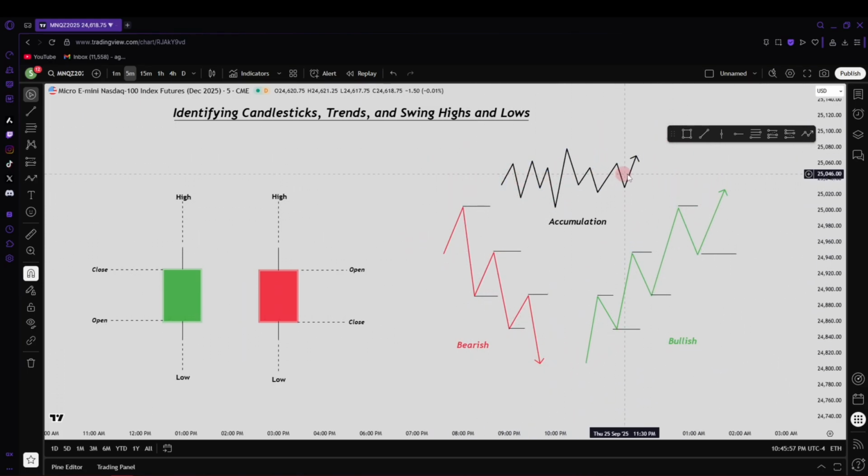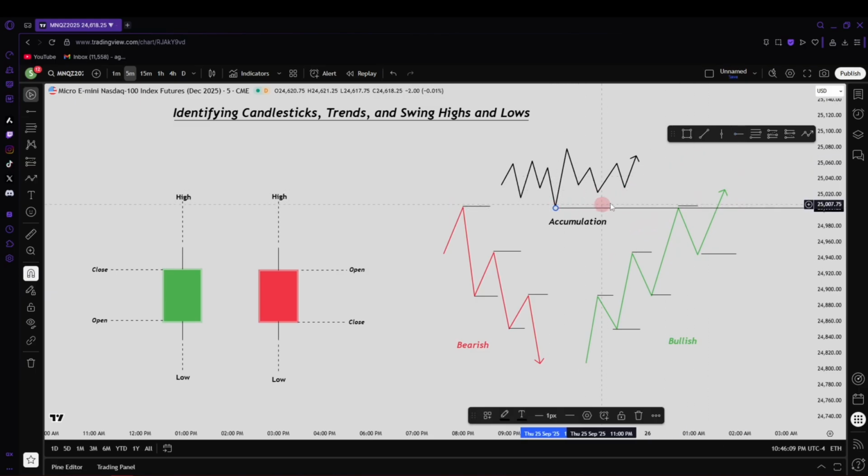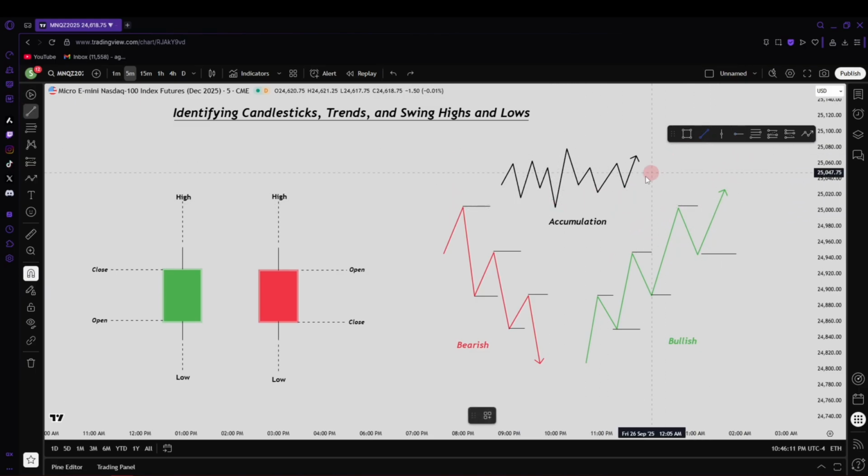If price is accumulating, that basically means it doesn't know where it wants to go. It's building up liquidity, which is a term for another video. But accumulation will have swing highs and swing lows.